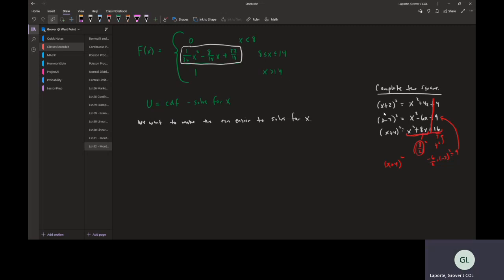Whatever that thing divided by 2 is what goes in here. So there are 2 things you need from completing the square: what number goes over here, and what number goes inside your square.